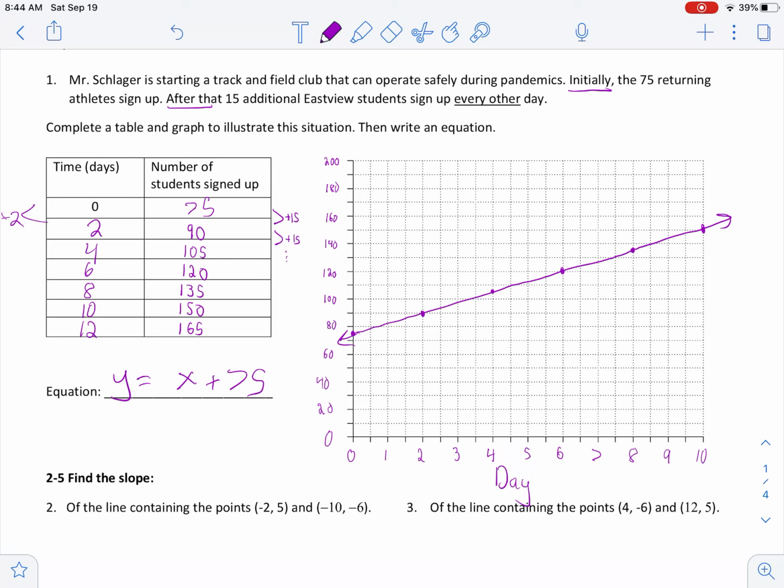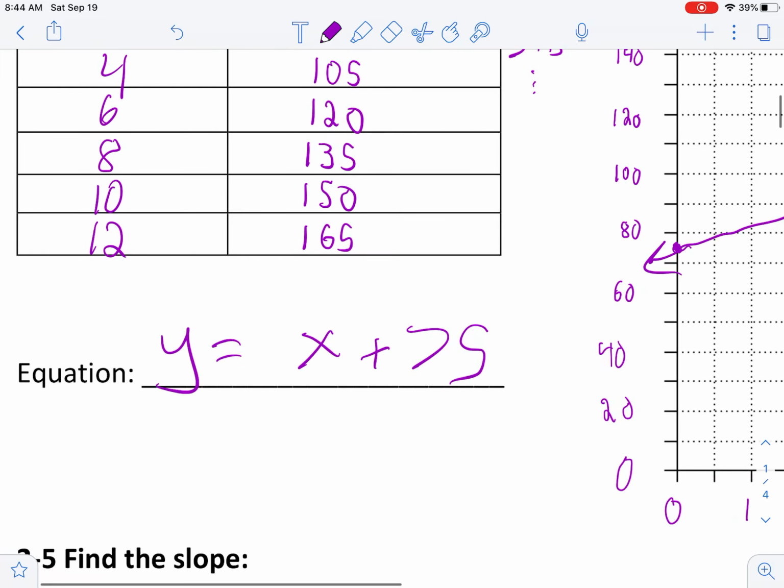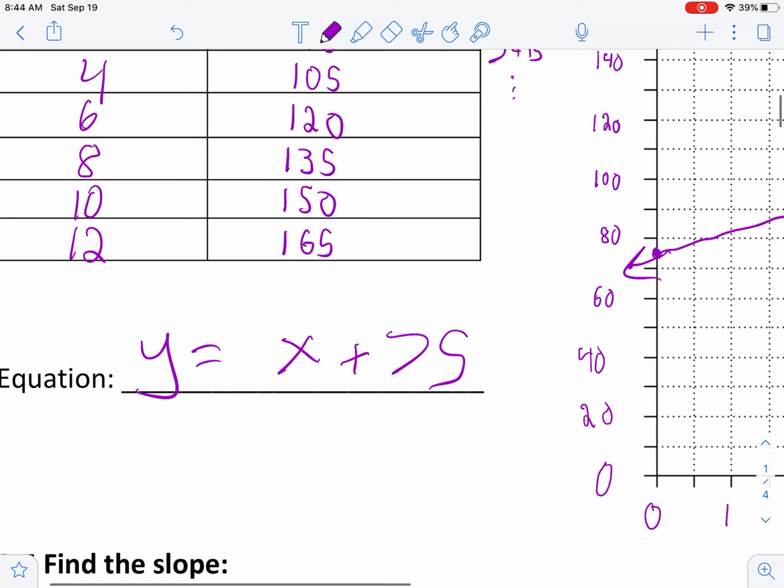We want them to always be one single day, 1 unit. So when we go over 1, how far up are we going? Okay, well, as we go over 1, we're only going up half of 15, because 15 was 2 days, and I want 1 day. So cut 15 in half, and you get 7.5 as the slope there.